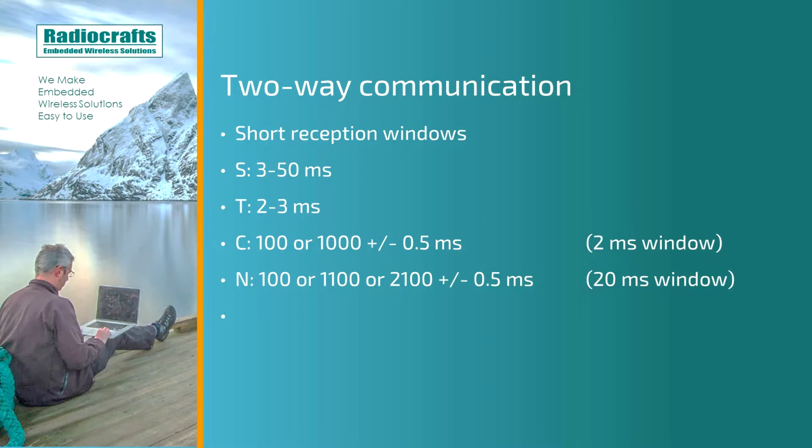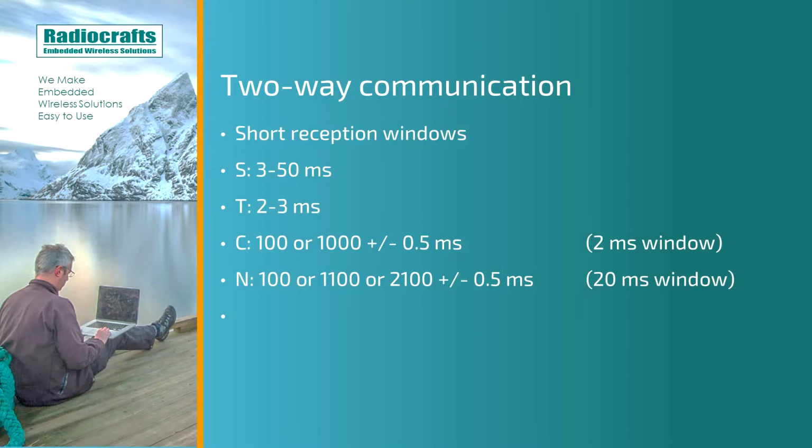So these short reception windows are typically a few milliseconds. Like in S mode, the receiver is open from 3 to 50 milliseconds after a transmission. And in the T mode, even shorter, just from 2 to 3 milliseconds.